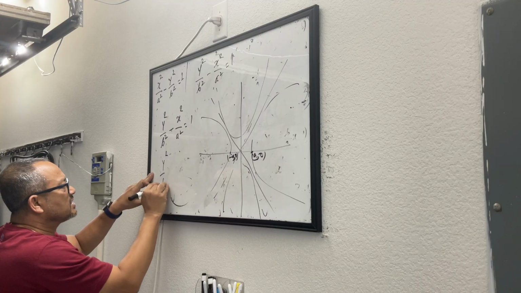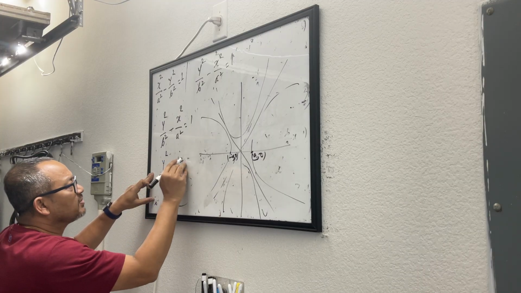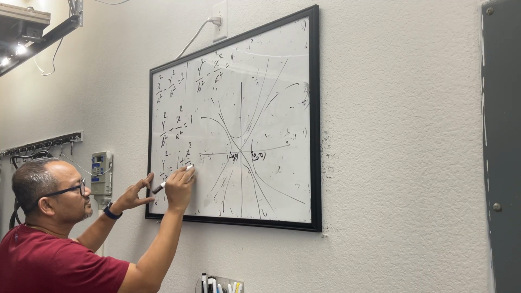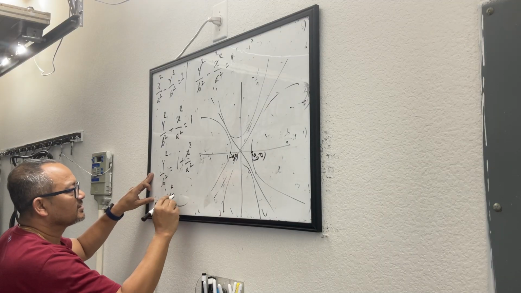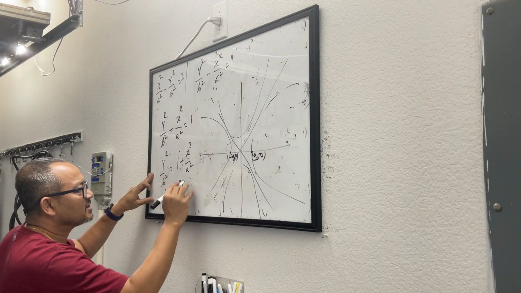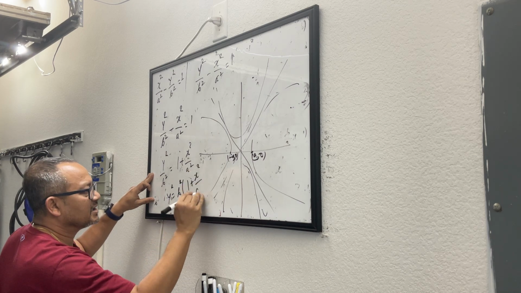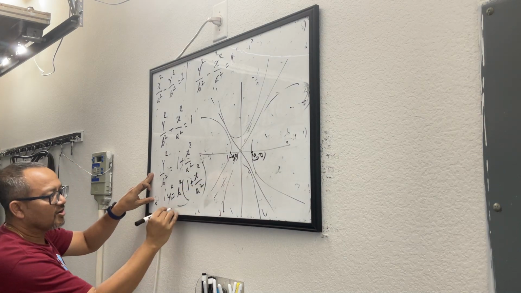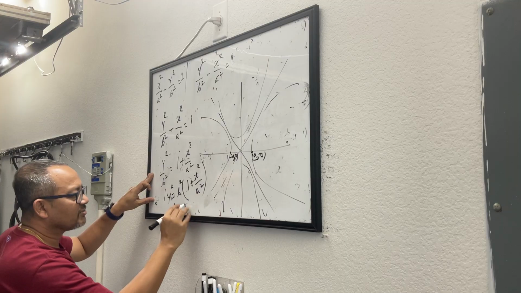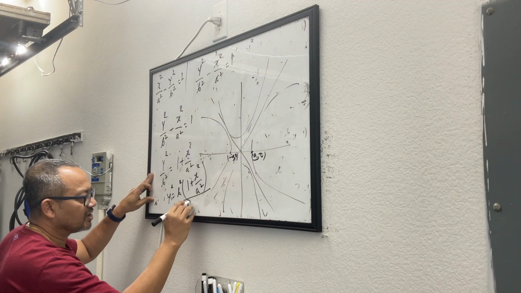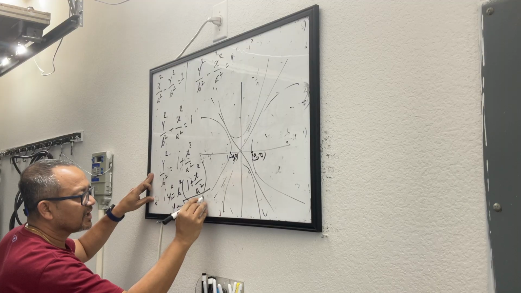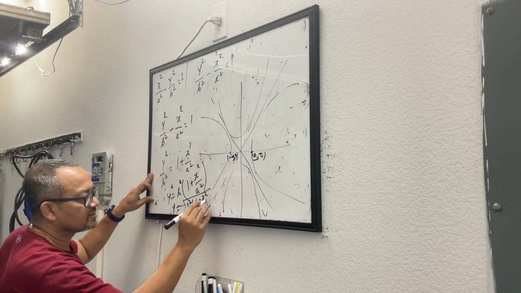Y square by b square equals 1 plus x square by a square, or y square equals b square times 1 plus x square by a square, or y equals the square root of b square into 1 plus x square by a square.